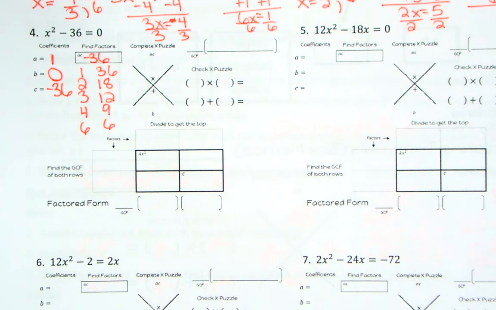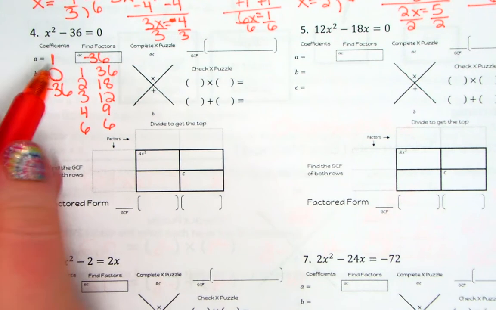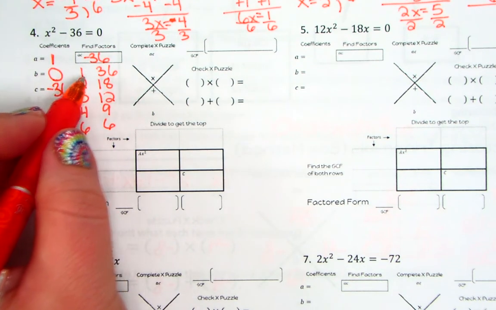If you look at your factoring flow chart, the sign of your last number is negative. The sign of your B or your middle number can be either positive or negative because it's 0. Which means that we have to have the larger factor be either positive or negative.